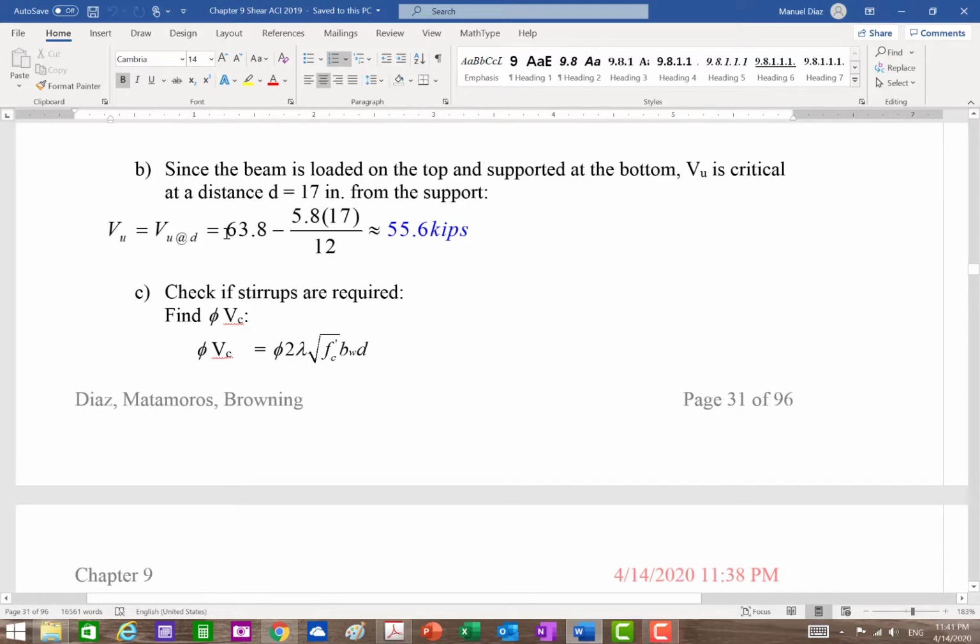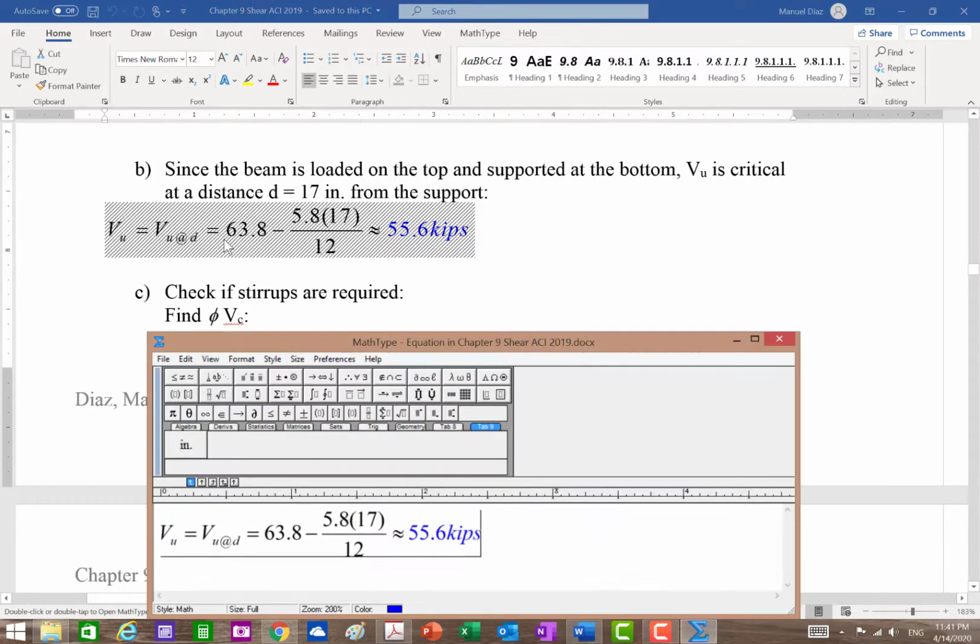And maybe here I should do, yes, to make sure I do this. Well, okay, reaction. So this is going to be really your reaction, right? So reaction at A, this would be the left support, right? Reaction at A minus your WU, so it's going to be your load, right?